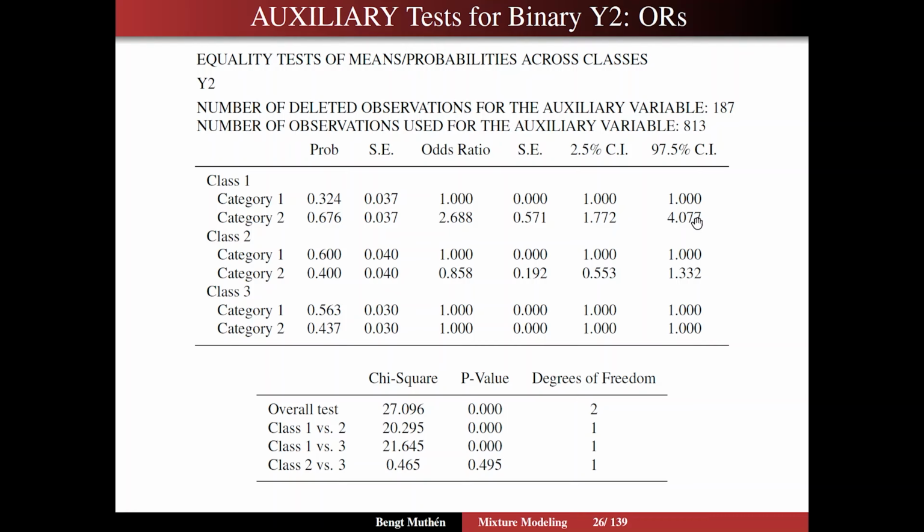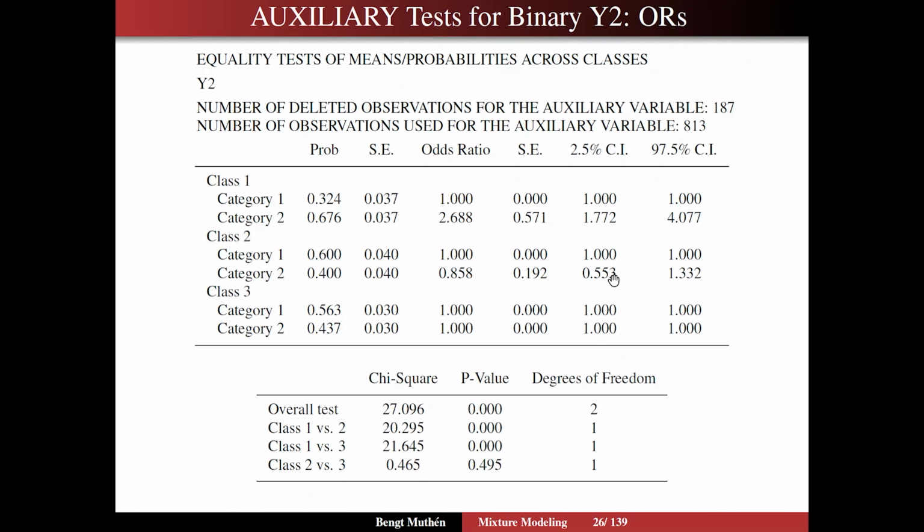So it is not including the neutral point of 1, which means it's significant. So the odds ratio for Y2 is significant for differences between class 1 and class 3.